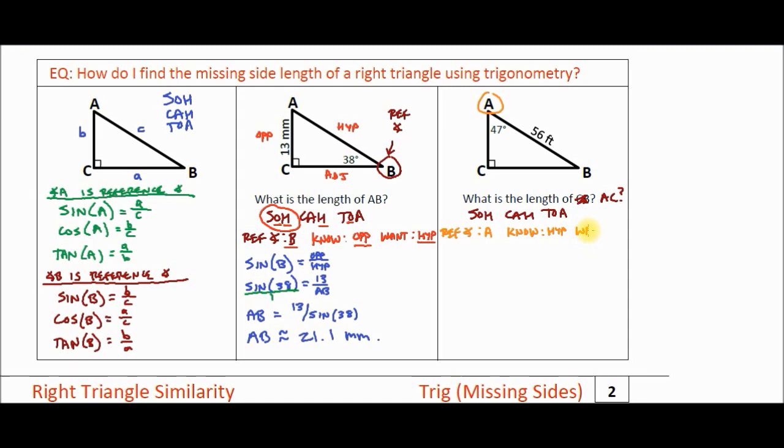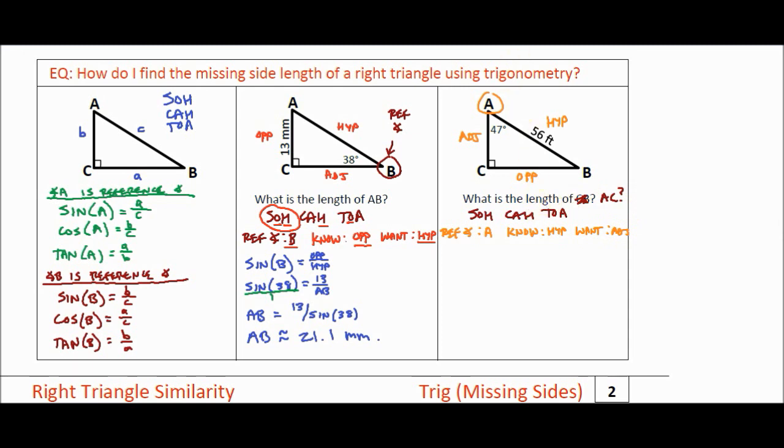What side do we want to know? Well, let's name them. If angle A is our reference angle, then this is the hypotenuse. BC is opposite of angle A. AC is next to or adjacent to angle A. We want to know AC, so we want to know adjacent.